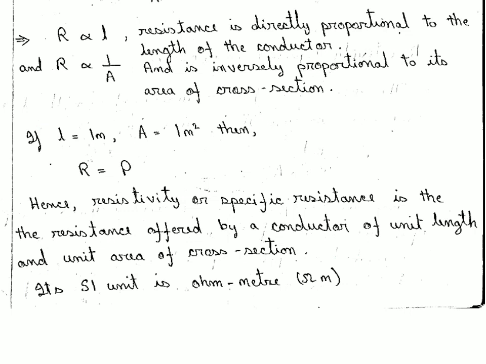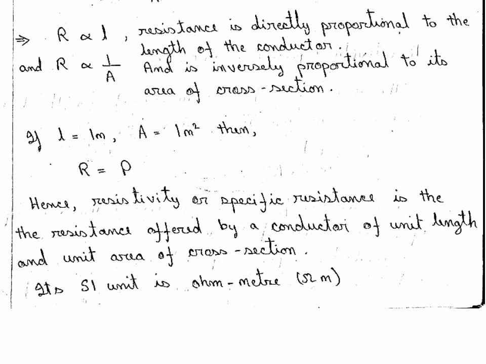And we can define this rho also from this formula by keeping L equal to 1 meter and area A equal to 1 meter square. Then R will be equal to rho. So here we can see that rho is equal to the resistance offered by the conductor of length 1 meter and area of cross section 1 meter square.